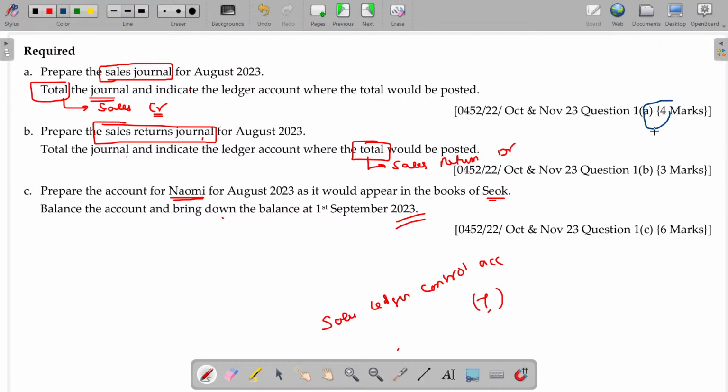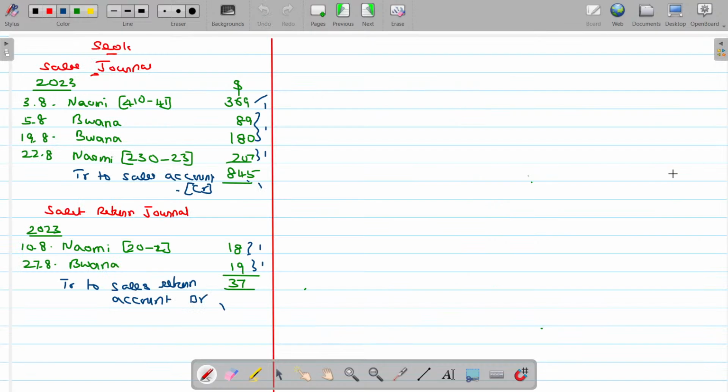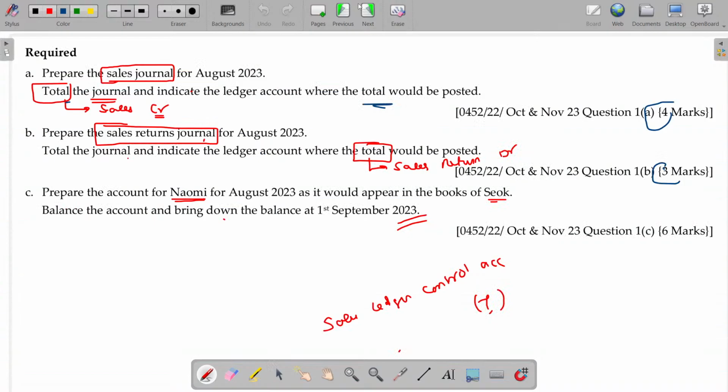So 4 marks, and this one also 1 mark, 4 plus 3, 7 marks. The journals are completed, totaled and transferred. A, B completed. Now C.